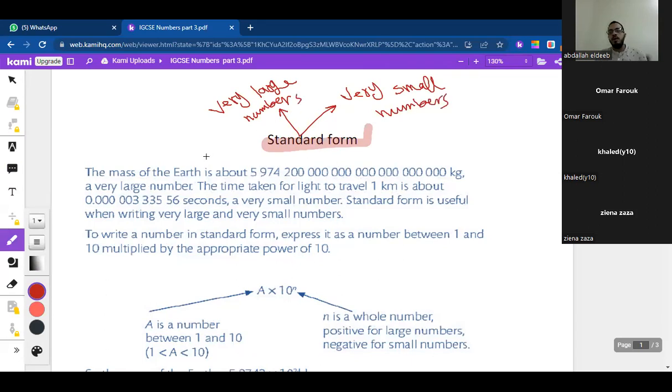Okay? And we use the standard form to make it easy to read and write.